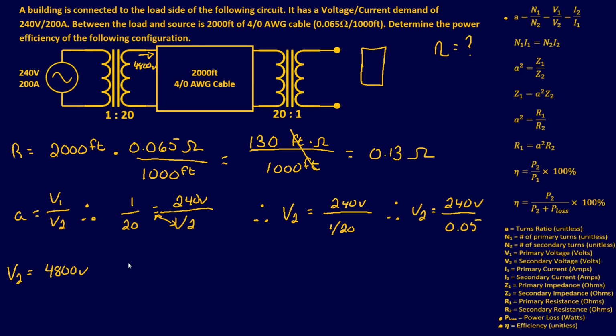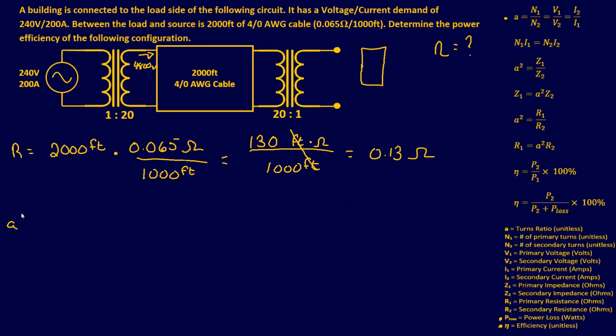I'll tell you what, I want to clean this up real quick. So I'm going to say my turns ratio equals I2 over I1. So turns ratio, same thing. 1 over 20 equals I2, which I don't know but want to find out, and I know I1 is 200 amps.